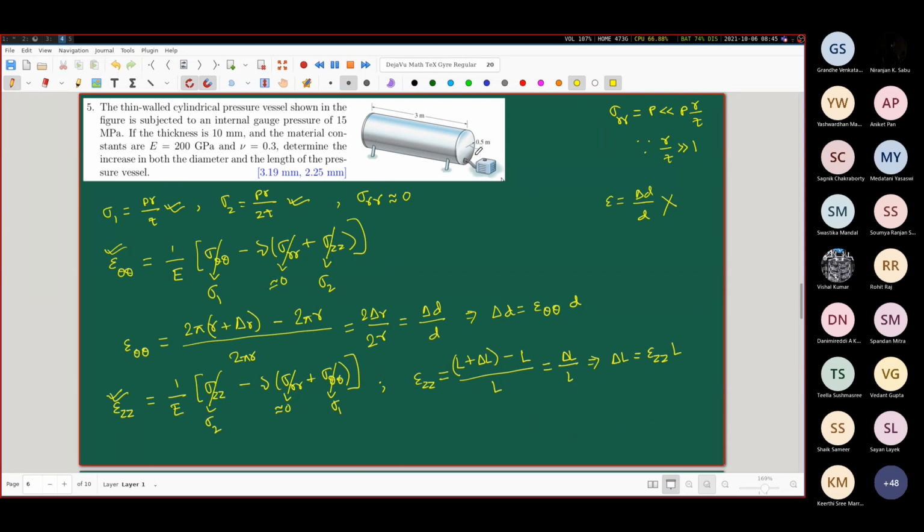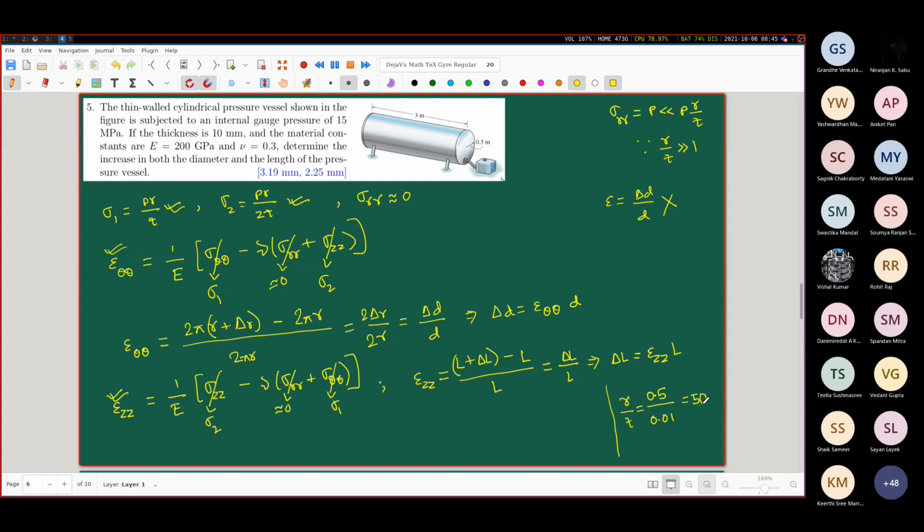What is this R? 0.5 meters. And T is what? Thickness is 10 millimeters, which means 0.01. What is this value? This is 50, is it not? Yes, sir.